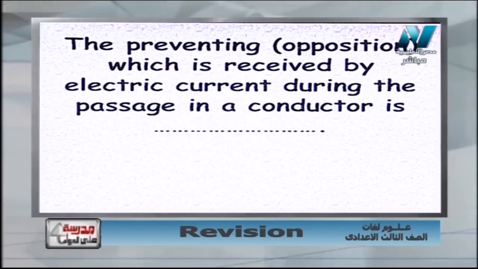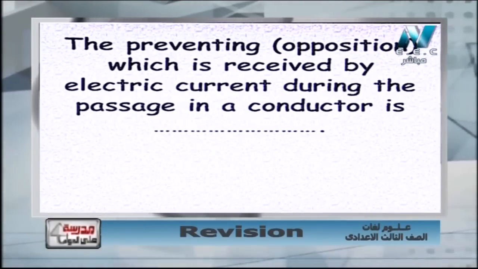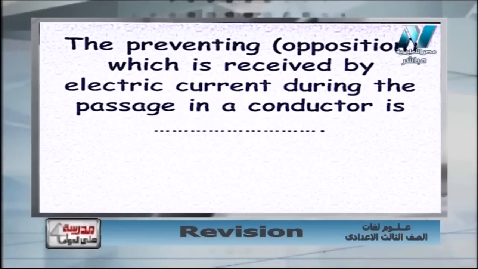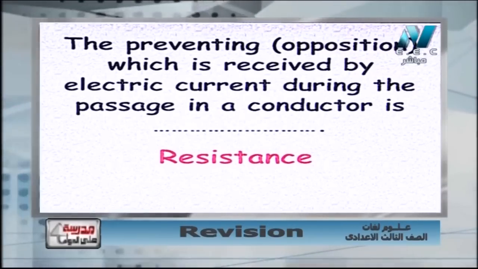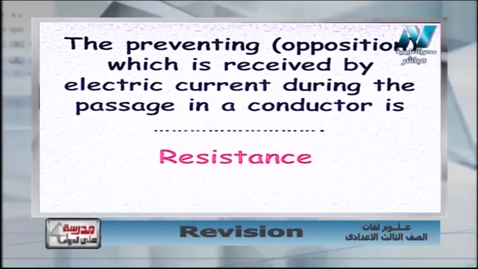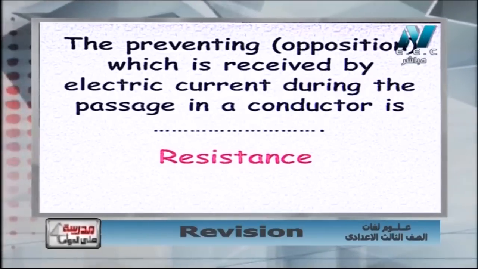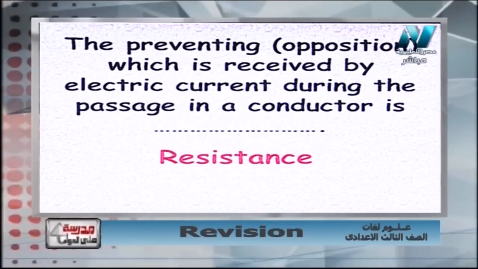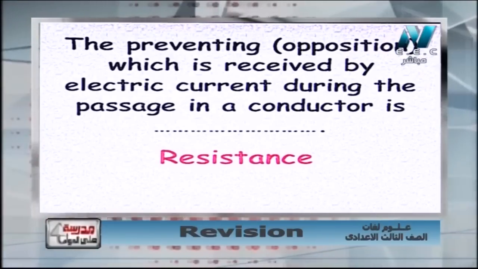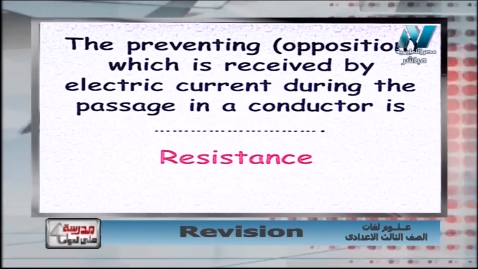This is a very important question. It says preventing or opposition, the obstruction that the electric current meets. The current is moving in the wire, and something faces it and resists it, so the definition is clear. Since it resists or opposes it, surely I am talking about the electric resistance. Again, the preventing or the opposition which is received by the electric current during the passage in an electric conductor is the electric resistance. And I remind you very well, resistance is measured by ohm meter and it has a unit of ohm.